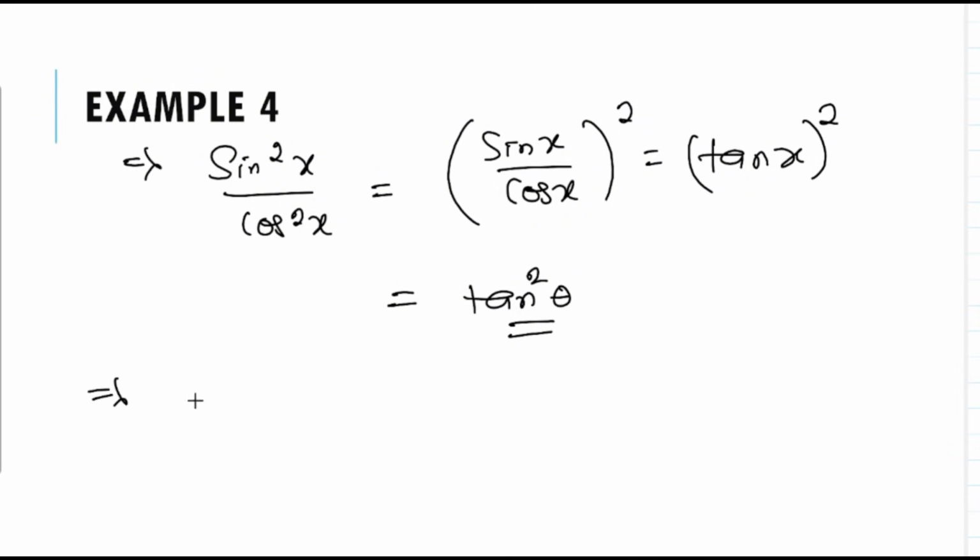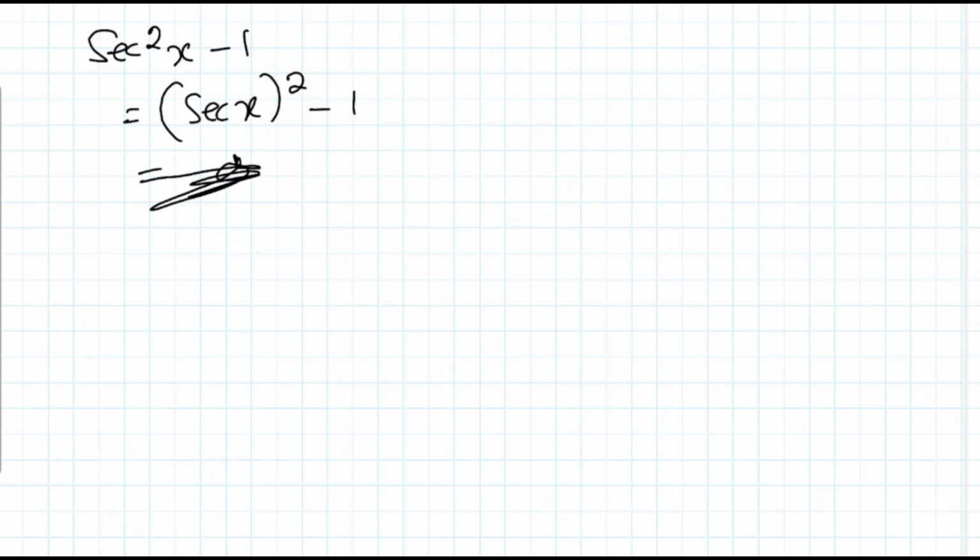Okay, so another one is sec square x minus 1. Let's try to prove this, just deriving these identities. So we have sec square x minus 1 equals, applying the identity that we just discussed, sec x all squared minus 1.